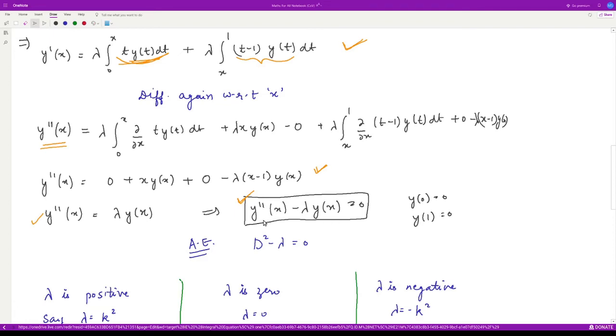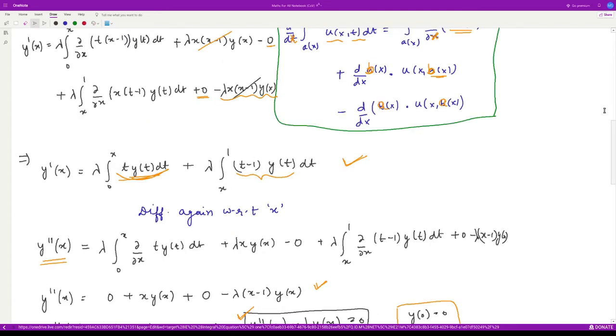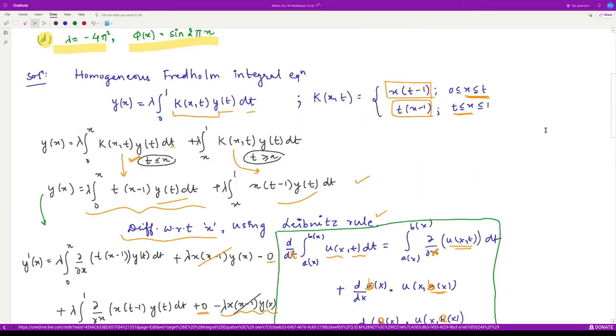Now when you solve this kind of equation, you'll have two constants in your solution, so basically you need two boundary conditions to solve for those constants. How do we obtain these boundary conditions? Let us go to the value of y of x. Because the interval given to us is 0 to 1, we calculate the value of y at the point 0.